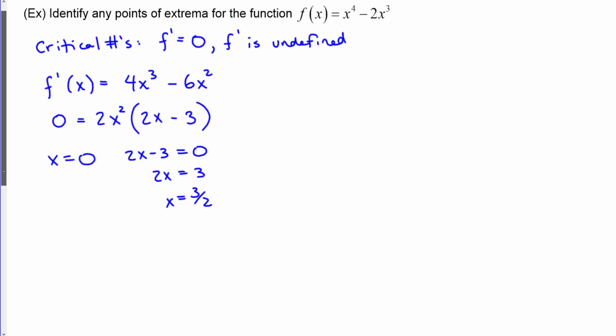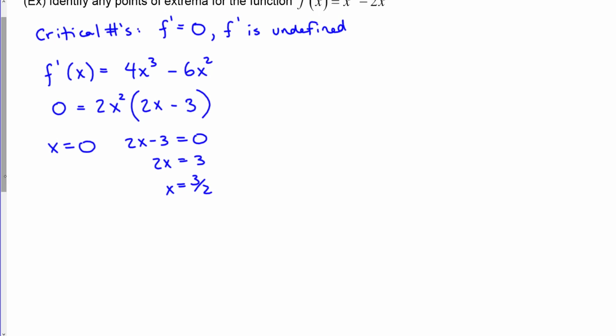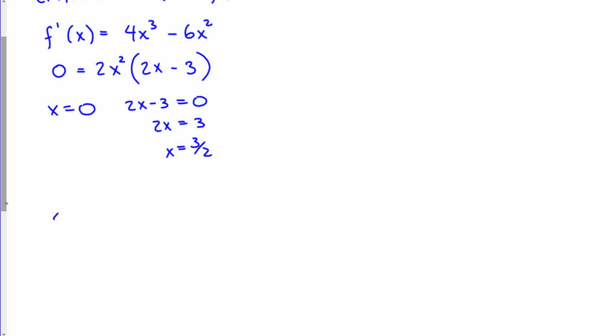Now, to find out if these critical numbers are relative minimums, relative maximums, or neither, we need to put those critical numbers on a number line. So 0 and 3/2, and it goes from negative infinity all the way to positive infinity. On each of these intervals, my function is either entirely increasing or entirely decreasing.